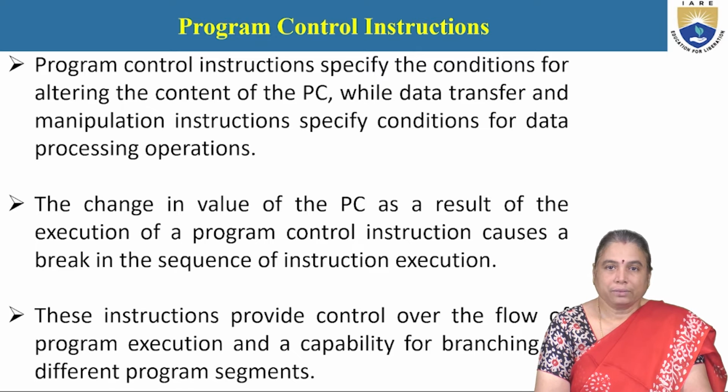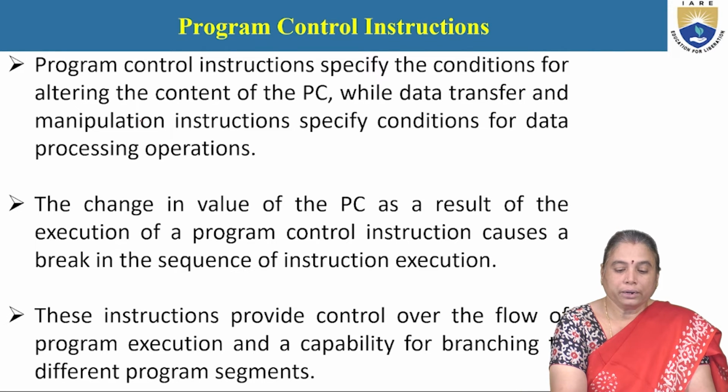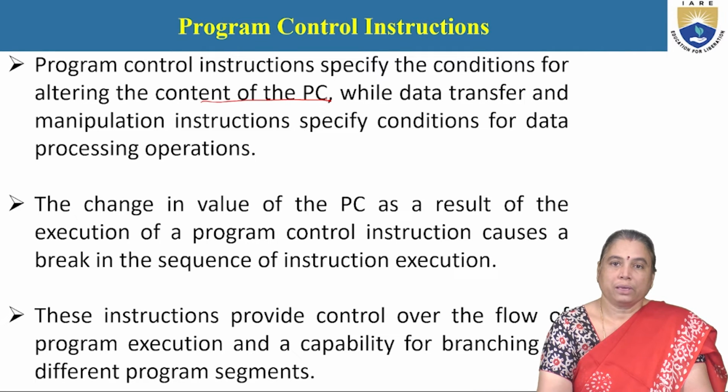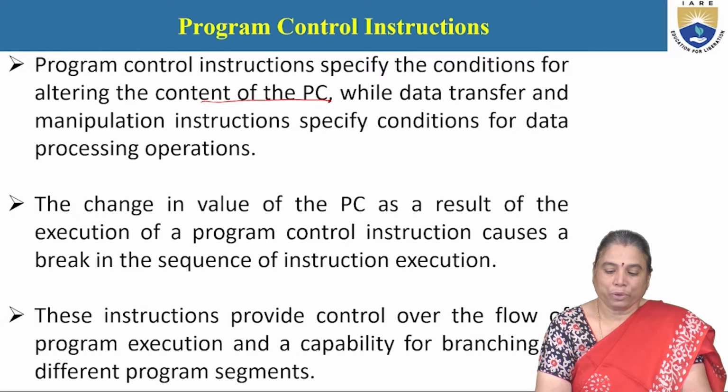The next variety is the program control instructions. Program control instructions specify the conditions for altering the content of the PC. PC is the program counter register, which holds the address of the next instruction that is going to be executed by the CPU.